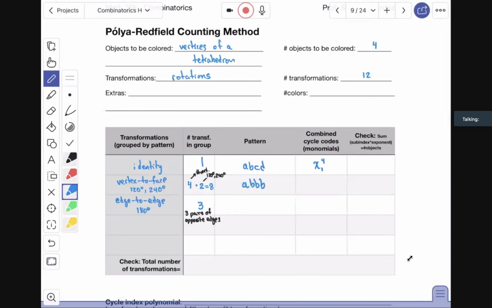You see? And so my cycle index, it's 8 of them. I have 1 letter that appears once, and I have 1 letter that appears 3 times. And then for the edge to edge, here, so you see orange.